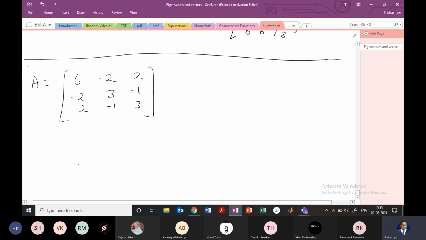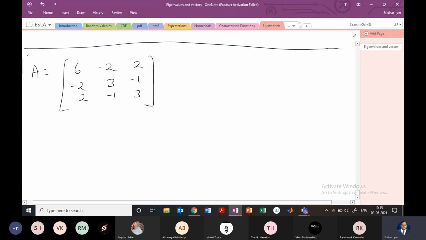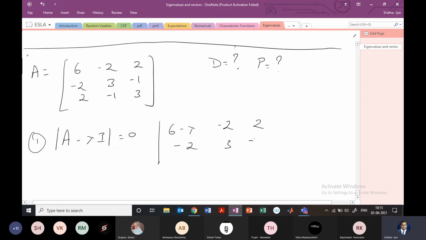The question is to diagonalize the matrix, so we need to find D and P, that is, the modal matrix and the spectral matrix. The very first step is to find the determinant of A minus lambda I and equate it to 0. So it will be the determinant of 6 minus lambda, negative 2, 2; negative 2, 3 minus lambda, negative 1; 2, negative 1, 3 minus lambda, equated to 0.